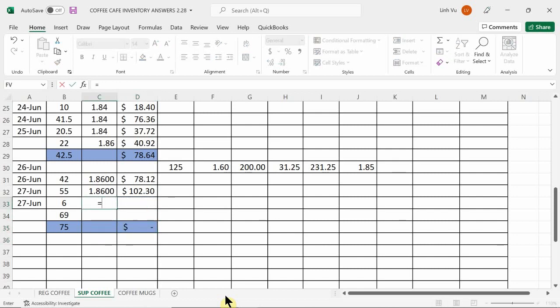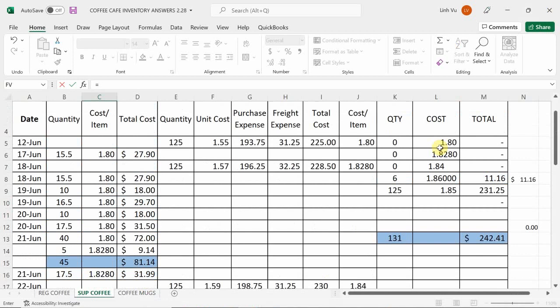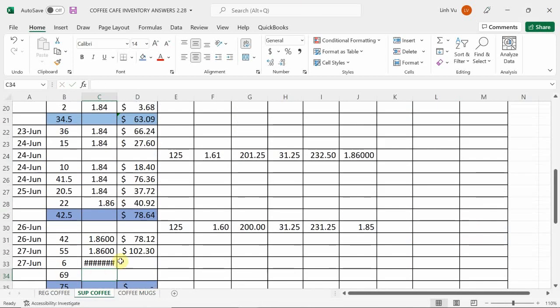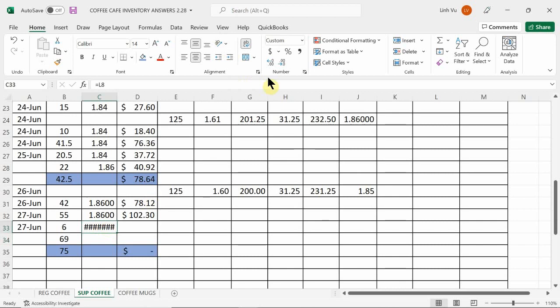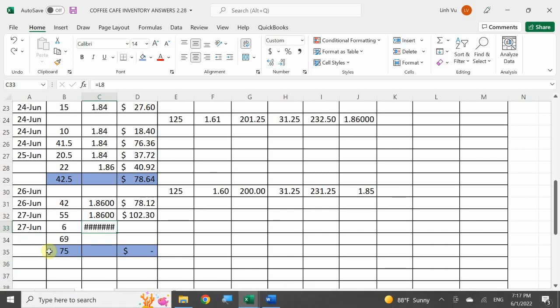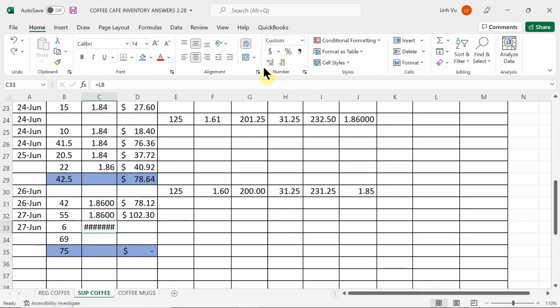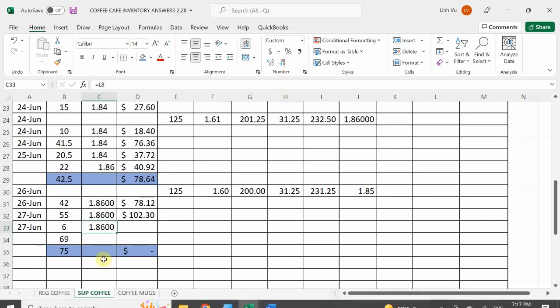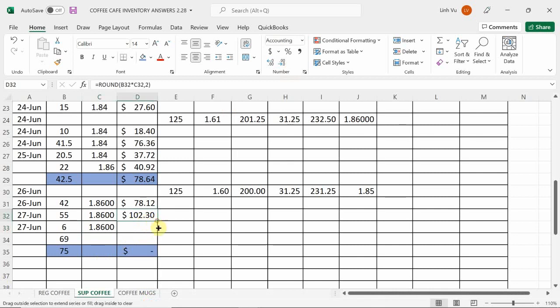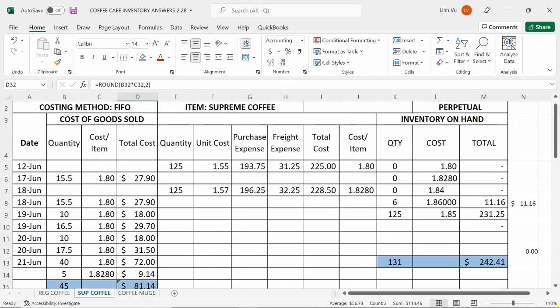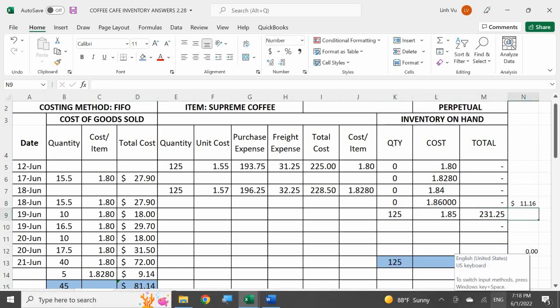Right, as I mentioned here, we have 6 pounds at $1.86, which should give me a grand total, okay, of $11.16. Okay, so that means I can go ahead and wipe this amount out. So I don't have any more there.